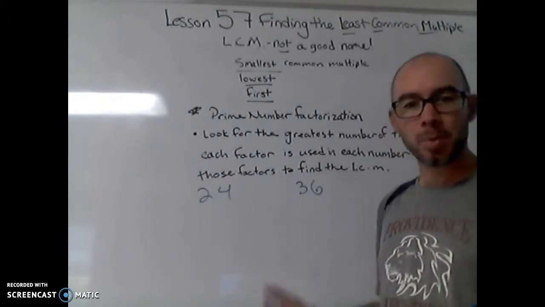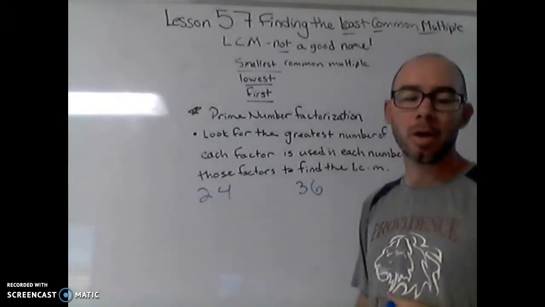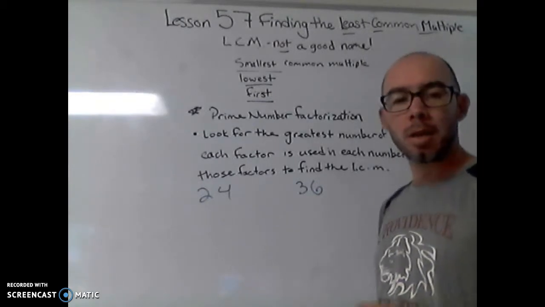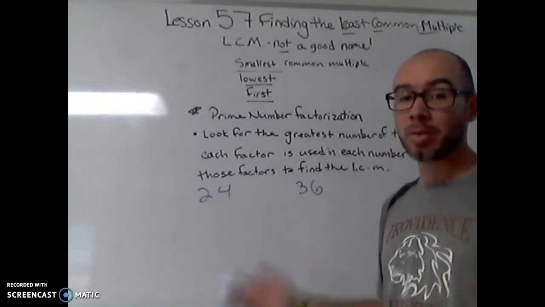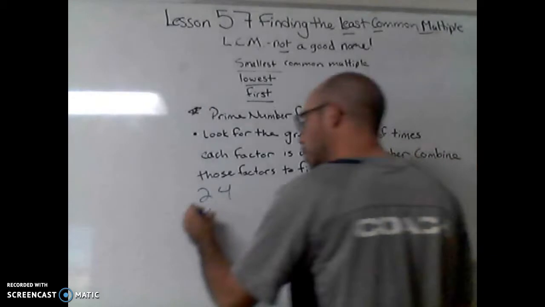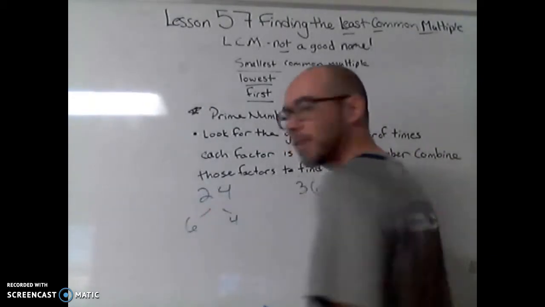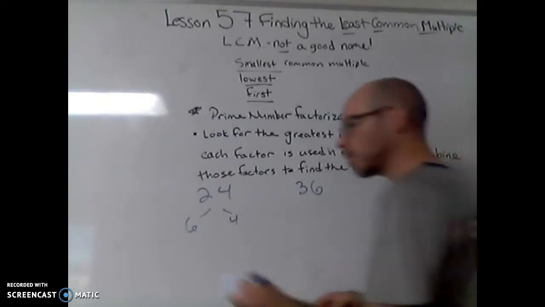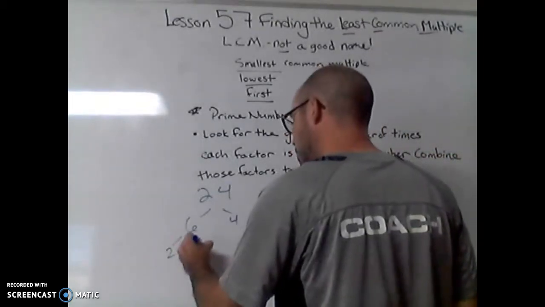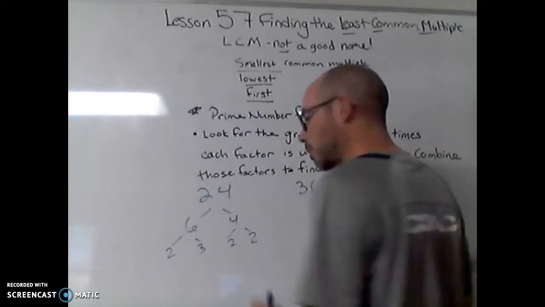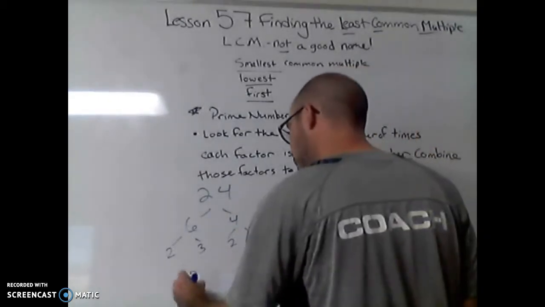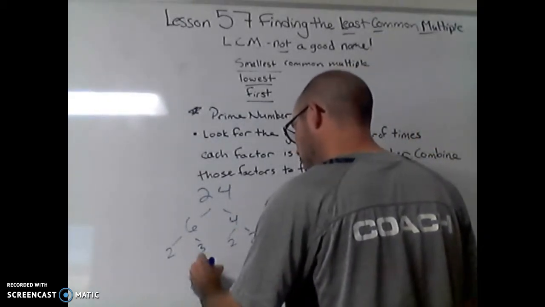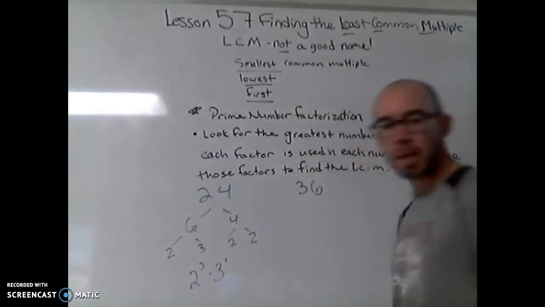Maybe the first one that clicks with you is 6 times 4, or maybe it's 8 times 3. Probably not 2 times 12, but that is true. So I start off with 6 and 4, and then I can break those smaller numbers down into their parts. So 6 is 2 times 3, 4 is 2 times 2, and we can see there that we got 2, 3 times, and 3, 1 time.